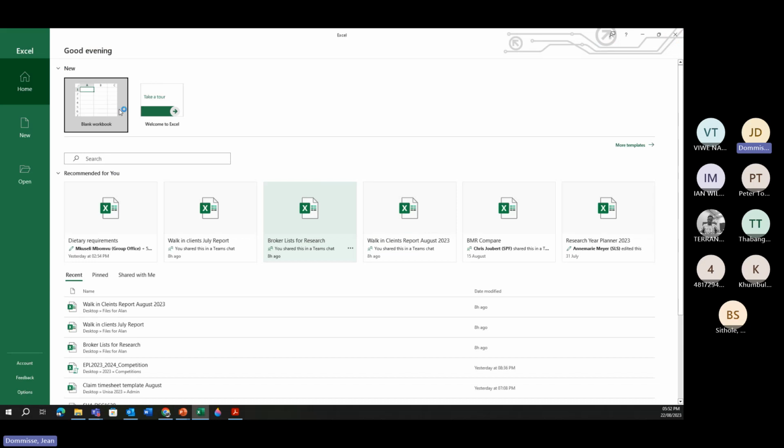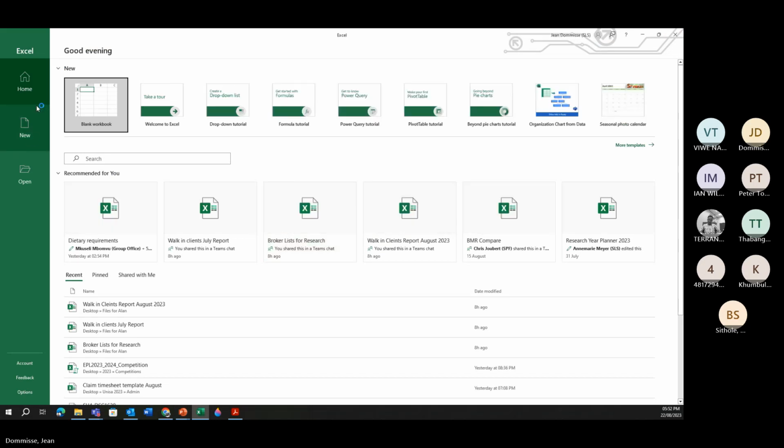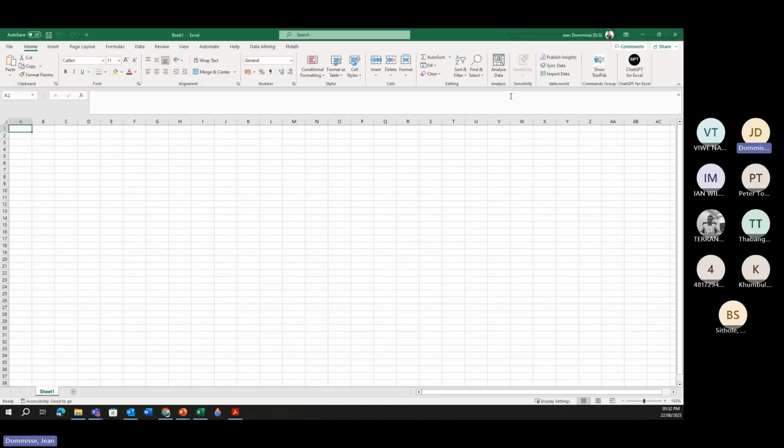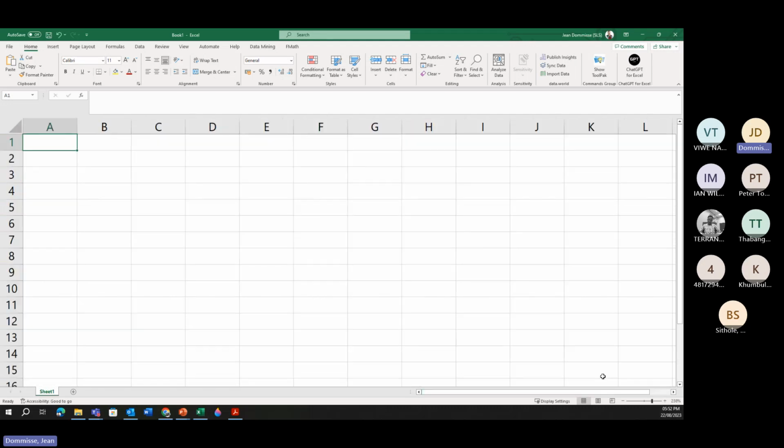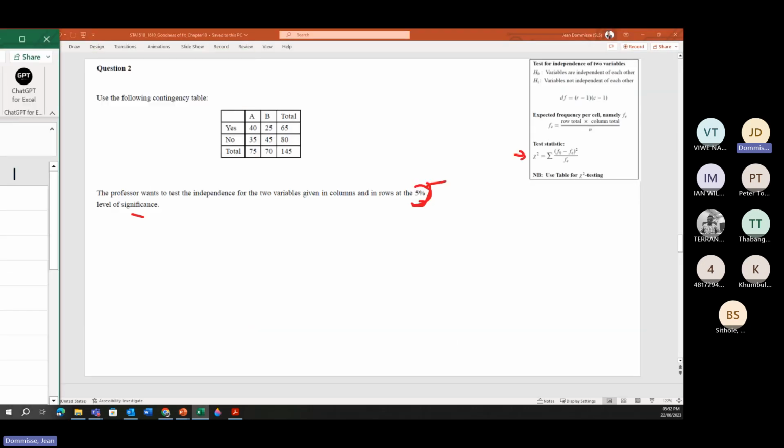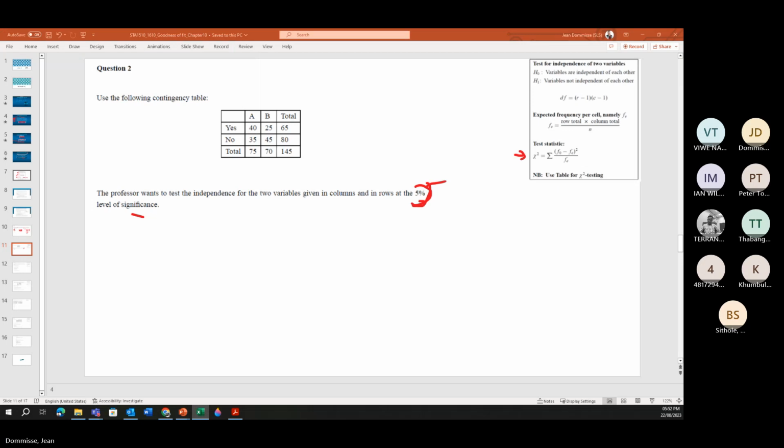So let's get a blank page and make it a bit bigger. First I just want to put in the numbers, then I'll show you what we will do. There are also some formulas in Excel that one can use.